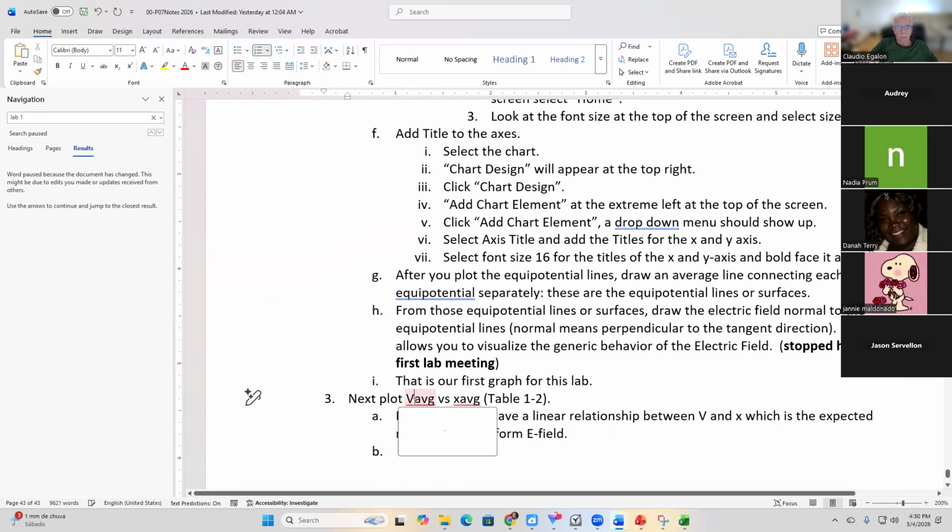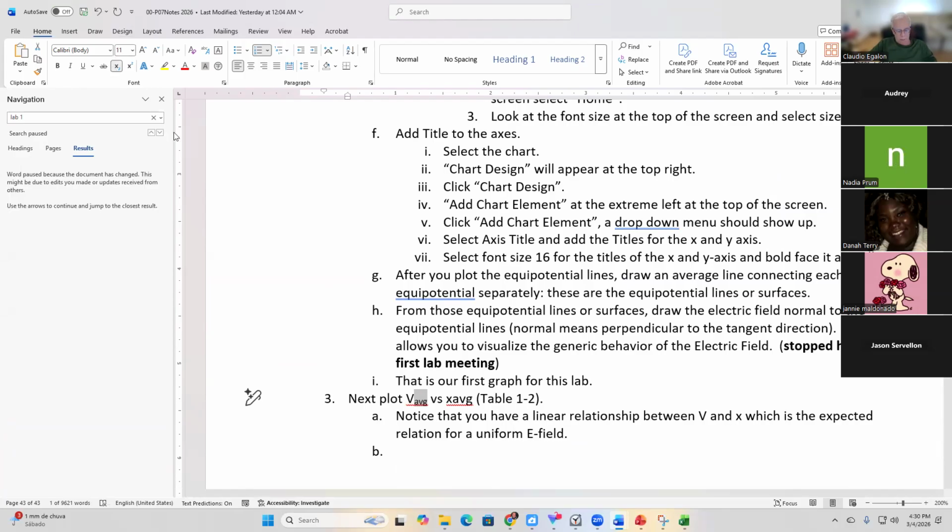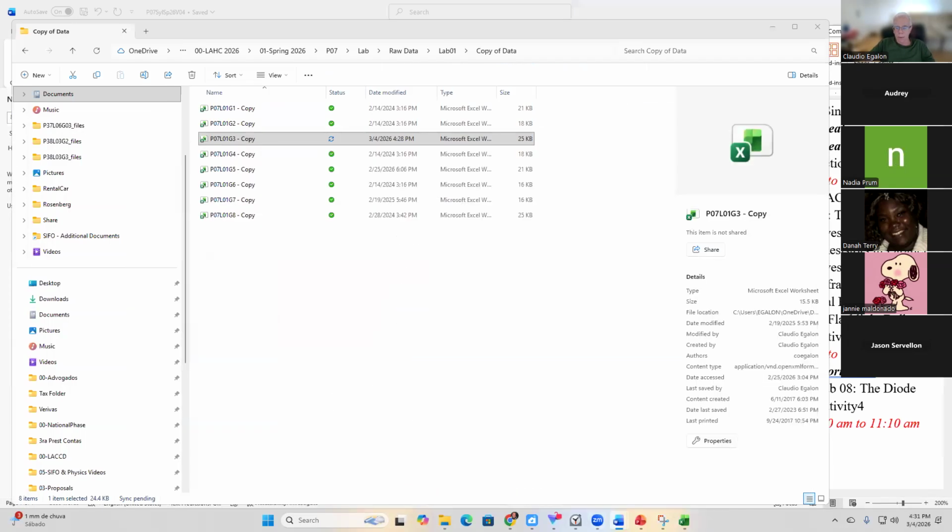And I'm going to number it 1, 2, 3. I want the subscript here, and a subscript here as well. And to make it look nice, just italicize V, italicize X. Okay, going back to my spreadsheet.